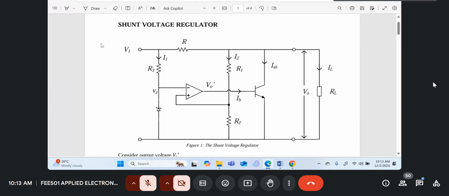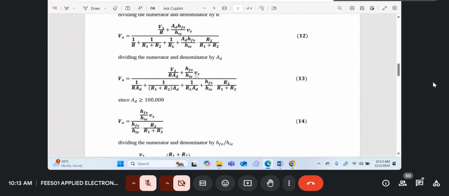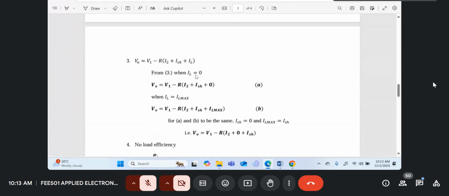So V1 minus the drop across this R will give you your V0. That's another way of looking at it. So the third inference: V0 is V1, our input voltage, minus the drop across that resistance R, and the drop across R is R into I2 plus I shunt plus IL.